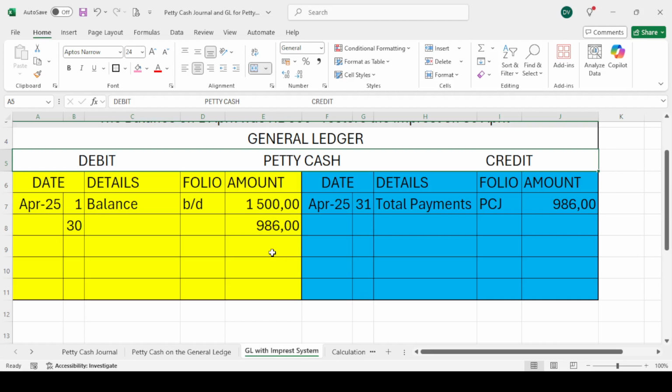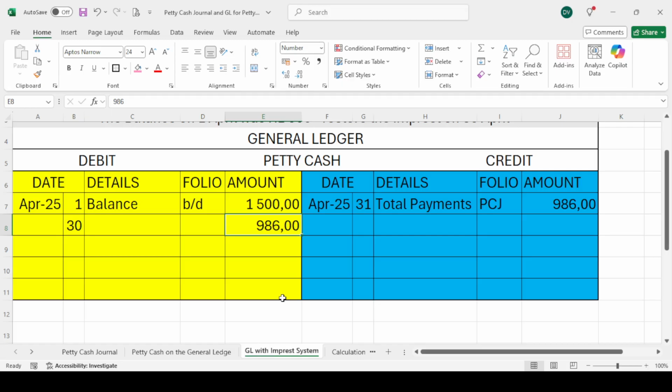He then says to you, okay, so it is now the end of the month. We have used 986 Rand of our petty cash, so we need to restore the Imprest. How much do we need to restore the Imprest? Yes, you need 986 Rand. Where will you get it from, guys?